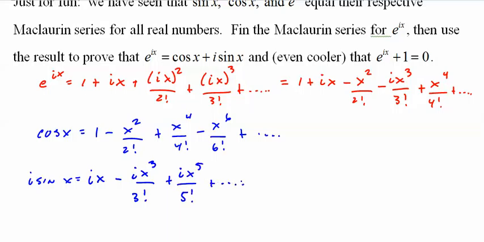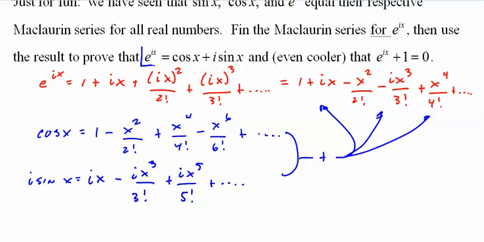And you can see if you add these together, you get this: 1 plus ix minus x squared over 2 minus ix cubed over 3 factorial. And so you've just proved that e to the ix equals cosine of x plus i sine of x.